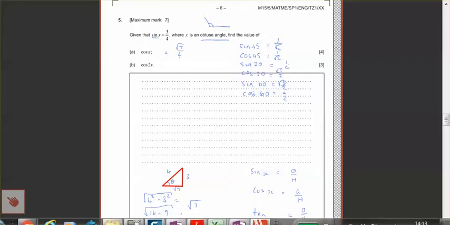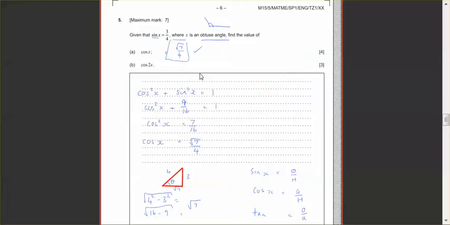What, so like root 3 over 2? Right, okay, so we've got the root 7 over 4 one of two ways: Pythagoras' theorem, or the identity.